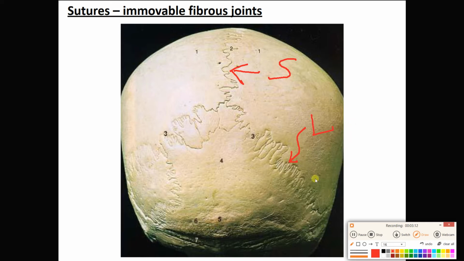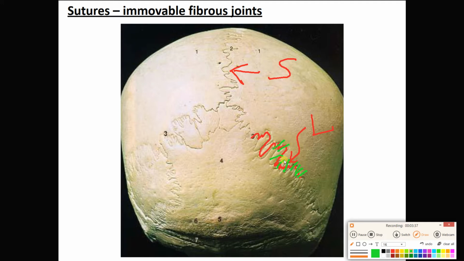Now we know sutures have this characteristic interdigitation of the bones to give you a better connection. And then spanning the two bones, there are going to be collagen fibers linking the two bones together really, really strongly. And this is going to be immobile. Immobile, fibrous.